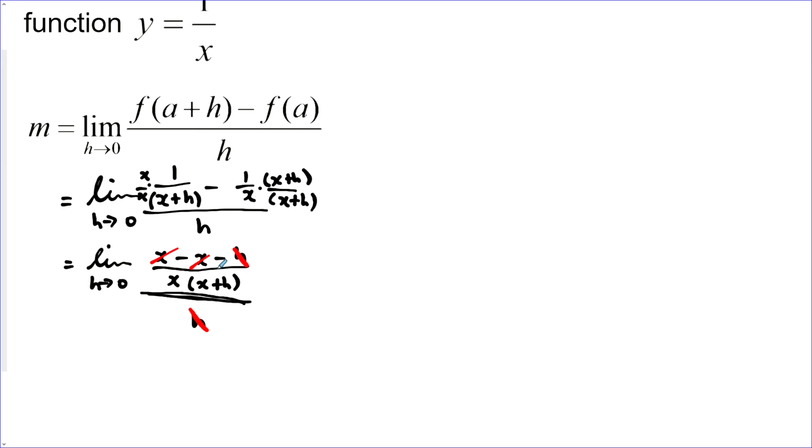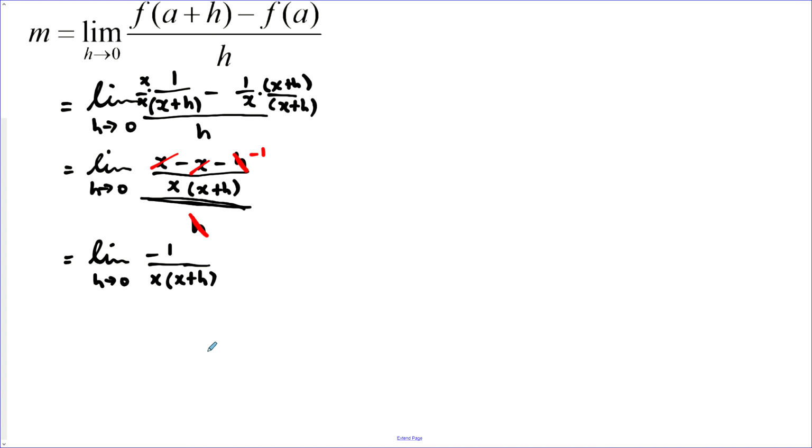Now the x's obviously cancel out, so they're gone, and this h and this h will cancel, leaving us with negative 1 in the numerator. This will give us the limit as h approaches 0 of negative 1 over x times x plus h. And now we can let h go to 0, and all that's left is negative 1 over x squared.